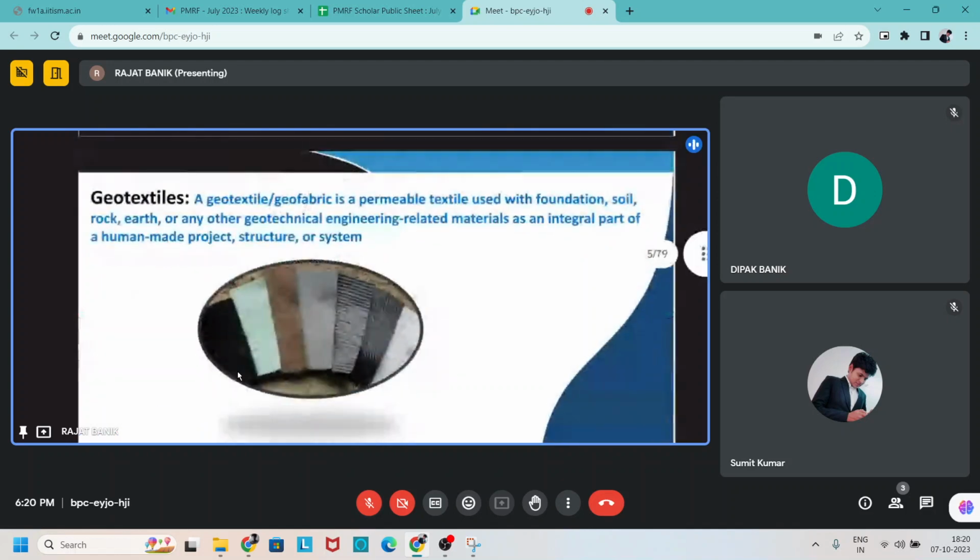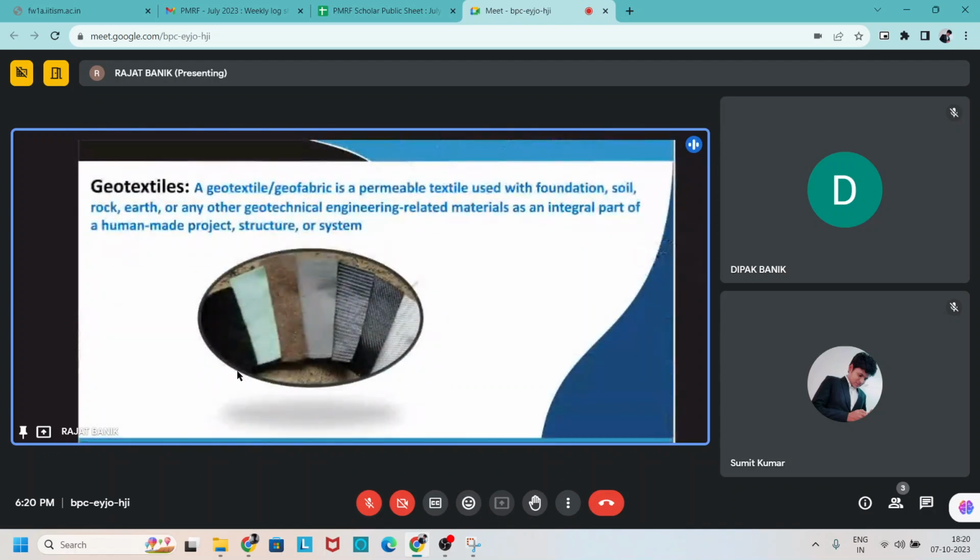Then we discuss the geotextile. It looks like a cloth. A geotextile or geofabric is a permeable textile used with foundation, soil, rock, earth, or any other geotechnical engineering related material as an integral part of a human-made project, structure, or system.